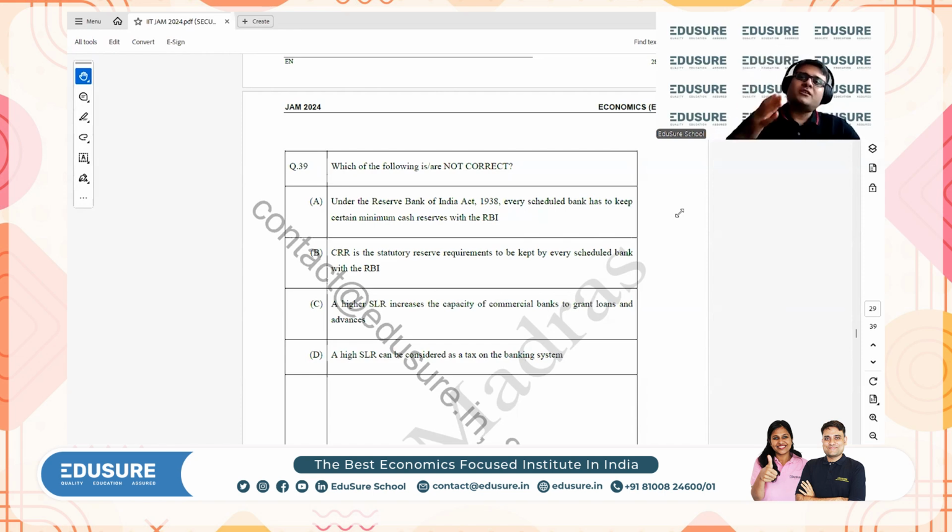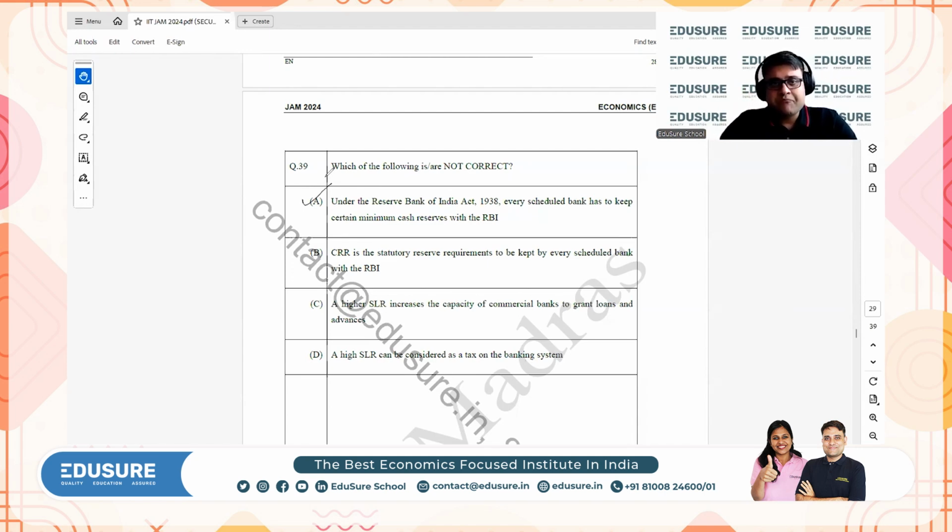All the scheduled banks are required to maintain a CRR with the RBI according to the Act of 1934, not 38. So A is incorrect, and we will mark A as incorrect. This is definitely one of the answers. Here it is a multiple choice, select-type question, so multiple answers can be correct. So we have to take a look at B, C and D as well.